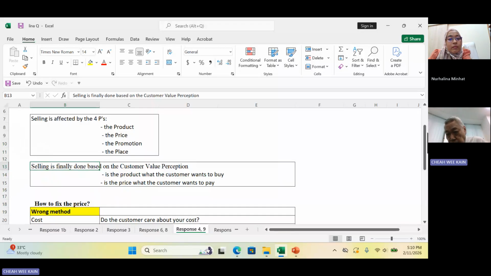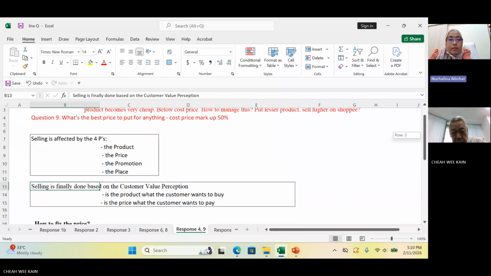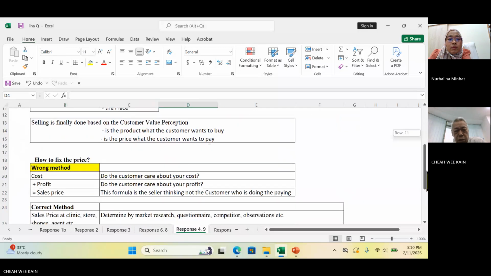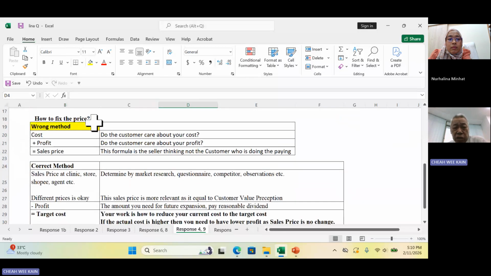Now, your question is how to fix the price. That's where you go wrong. Wrong method. This is the cost. When you go and buy a product, do you care what the supplier cost is? Let's say, for example, you see a shampoo.